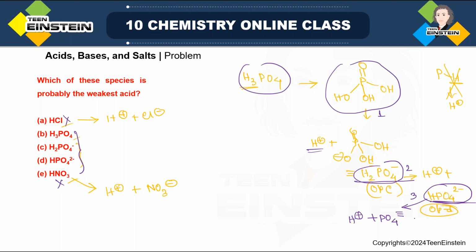Among these three, the last species, when the last H+ is dissociated, this tendency will be very, very weak, because it has already given 2 H+. The species is already carrying some negative charge. The last H+ donating tendency is minimum. That is the reason option D will be the weakest acid, probably the weakest among these.